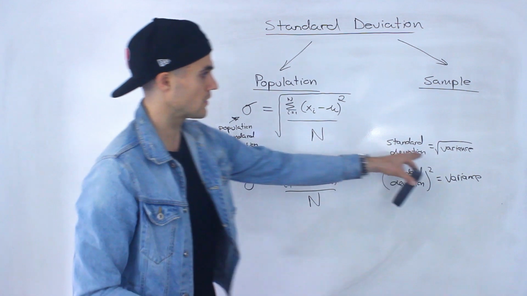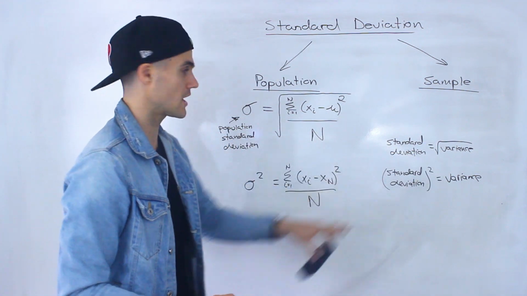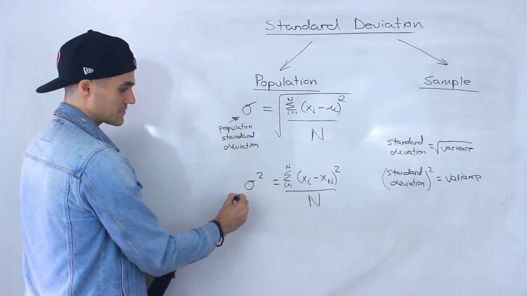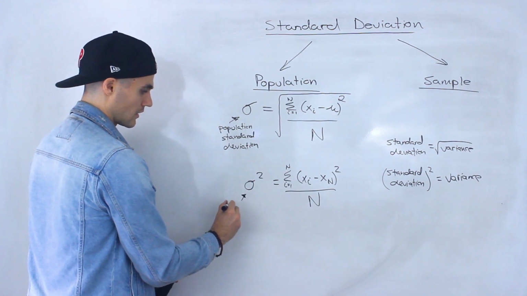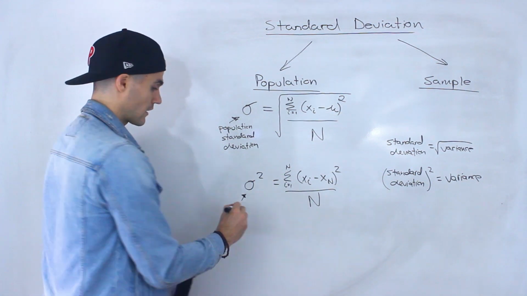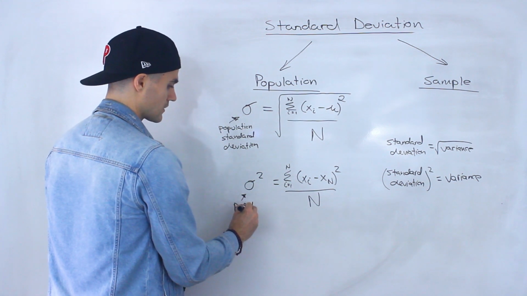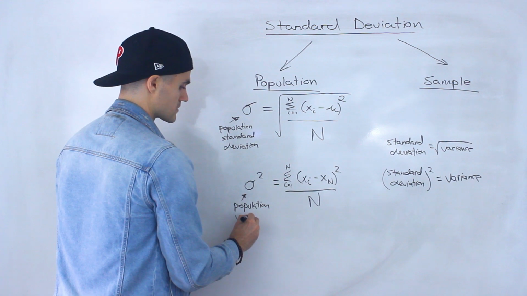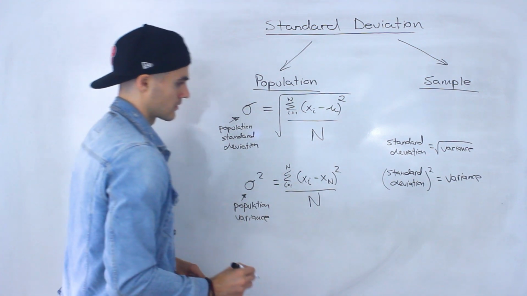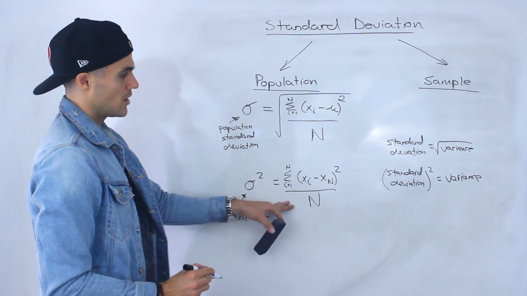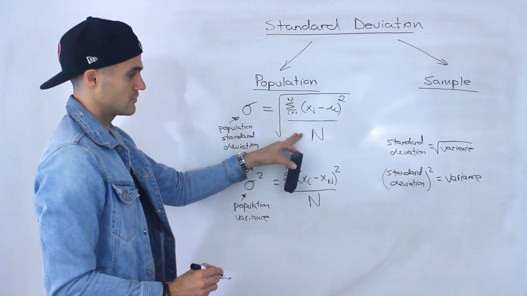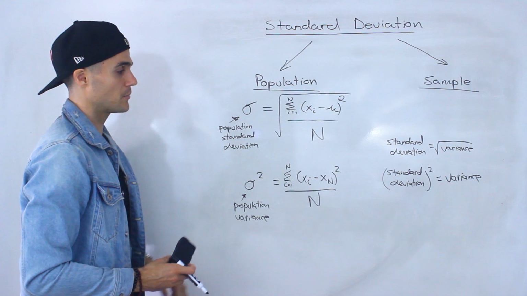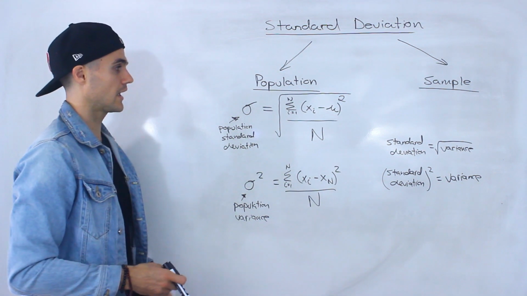We just took that square root, brought it to the other side, and showed it as an exponent. Whenever you see sigma squared, what they're usually asking for is the variance. In this specific case, it's the population variance. So that's the population variance, that's the population standard deviation. And as I've mentioned, the standard deviation is the more popular measure that you're going to be running into.